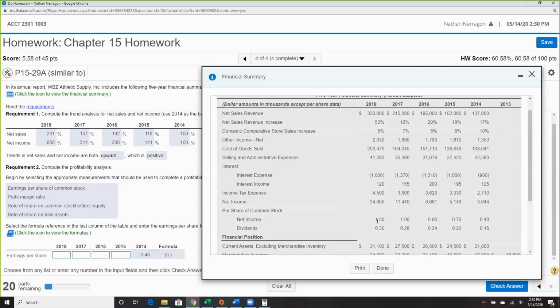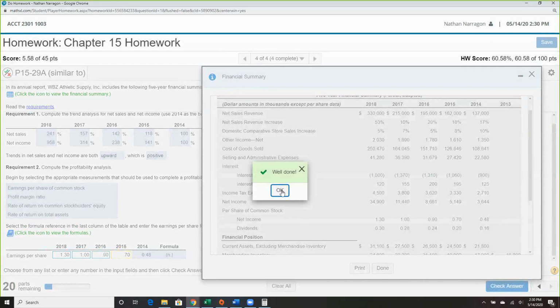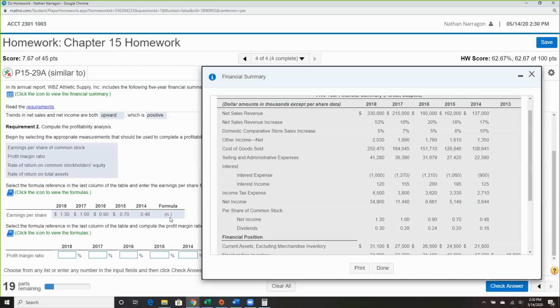Cool. So they give us a set here. There's our net income. So they already figured it out. We didn't have to figure it out. Nice. That just made this problem a lot easier.